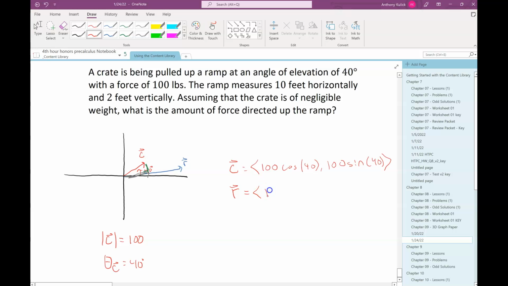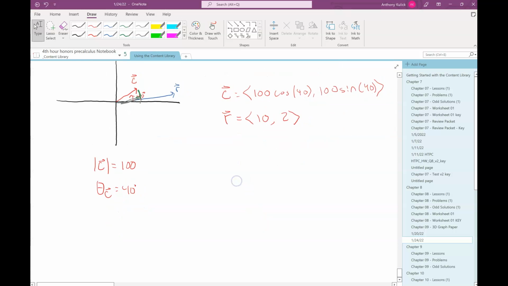You know its component form, since it's 10 feet horizontal and 2 feet vertical. The ramp vector is just, component form, <10, 2>. Now observation: what's the length of R? It ain't 1, correct? You can tell right away because the square root of a squared plus b squared is not 1. So we know that we can't do the shortcut that we had just talked about here.